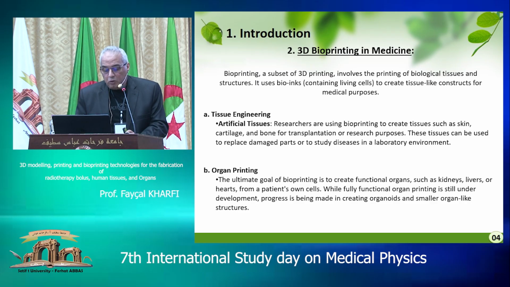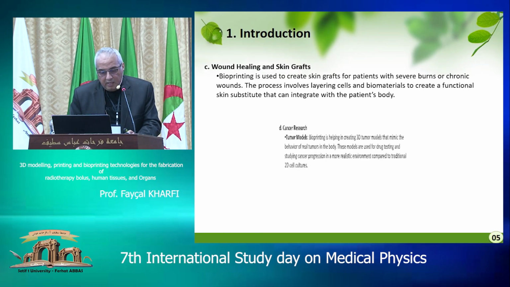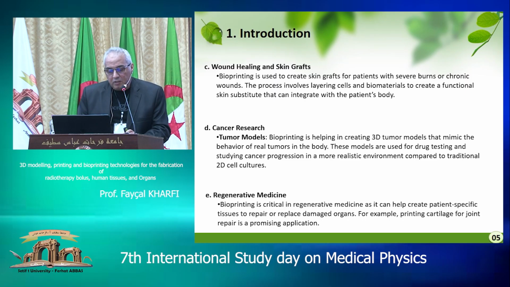Bioprinting can also be used for organ printing. Here, the ultimate goal of bioprinting is to create functional organs such as kidneys, livers, or hearts from a patient's own cells. There is also another application which concerns wound healing and skin grafts.